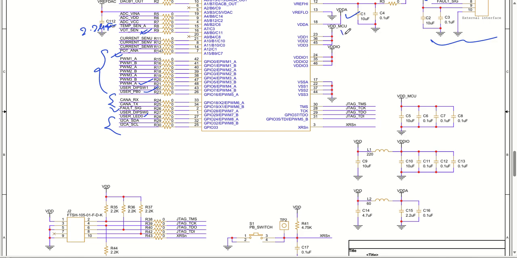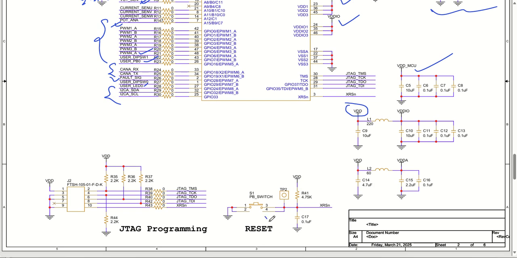VDD MCU is generated internally, so it just needs a decoupling capacitor. Then we have VDD-IO, which is generated from VDD, which is 3.3 volt, and gets connected here. Coming back to reset, the reset pin is XRSN, and this is the JTAG connection for programming purposes.